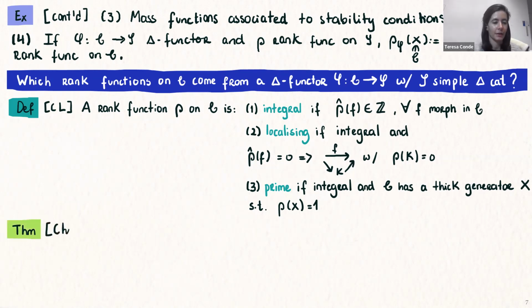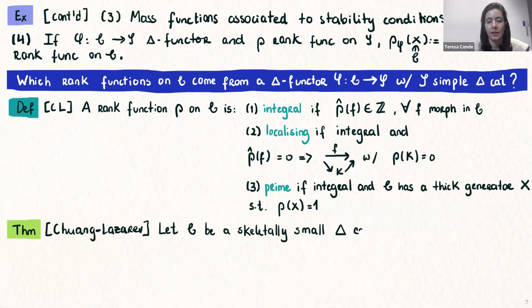Okay, so the theorem I was hinting at before is as follows. Let's assume that C, as before, is some skeletally small triangulated category. Moreover, let's assume it has some thick generator.